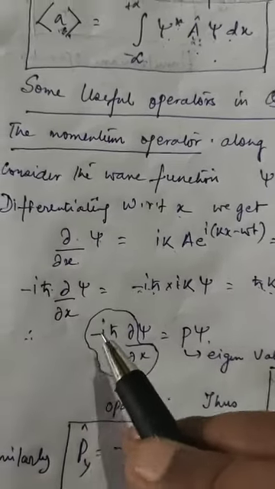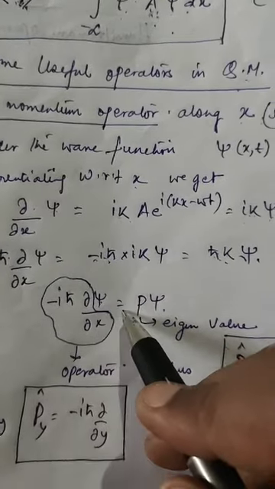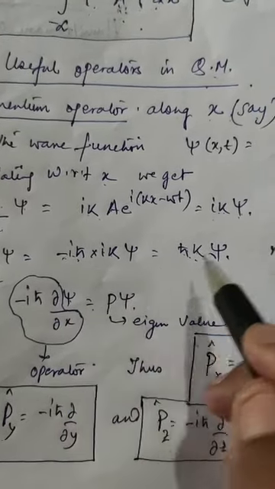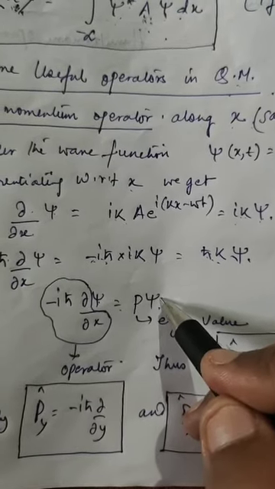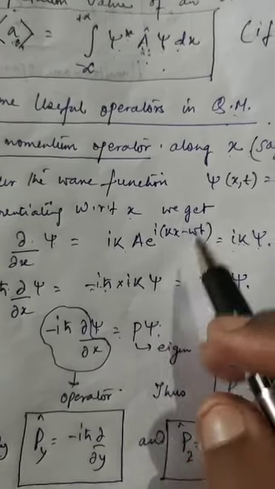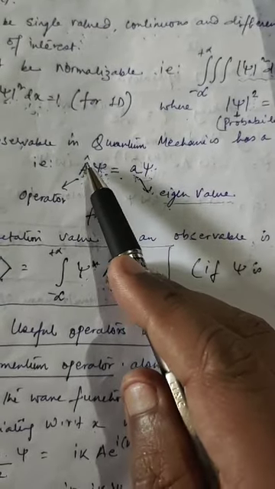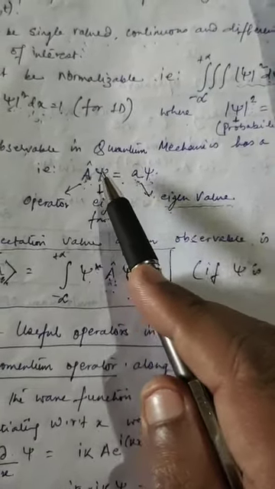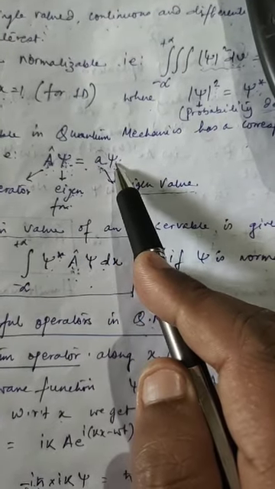So what do you have? Minus i h cut d/dx of psi gives you p, that is the momentum value, h cut k psi. So isn't this the equation that I discussed in the previous class? You see the operator operating on psi, giving a value, and psi retaining itself.